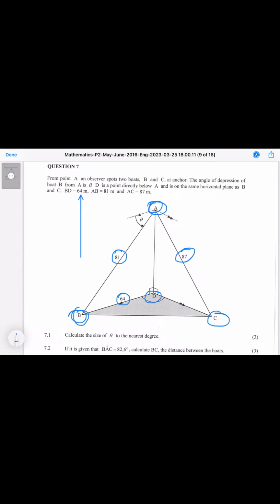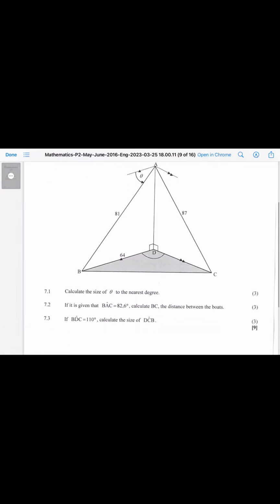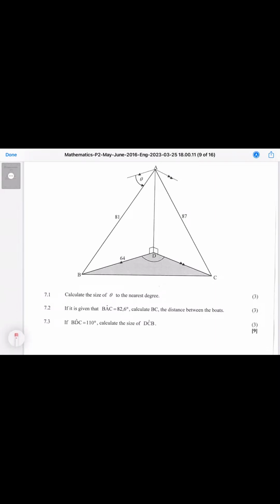So I think at this point in time, we can try to discuss those questions. Remember, guys, I'm not going to be answering the questions nor doing any calculations. It's just a matter of me guiding you in terms of how you answer the question. So let me scroll there and see what happens.